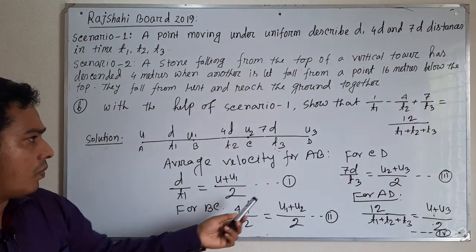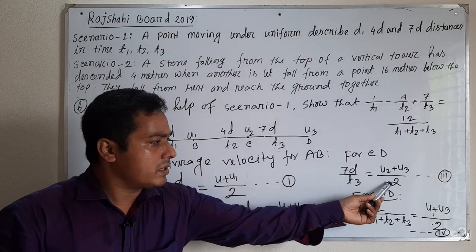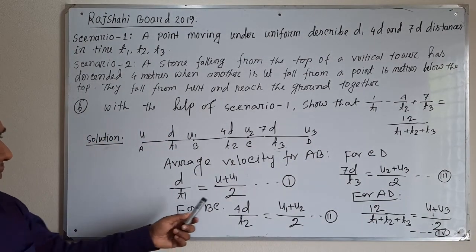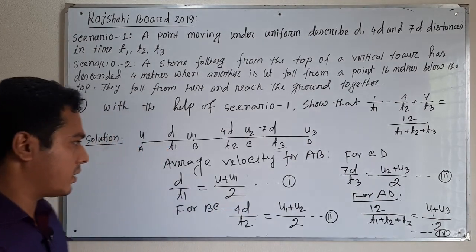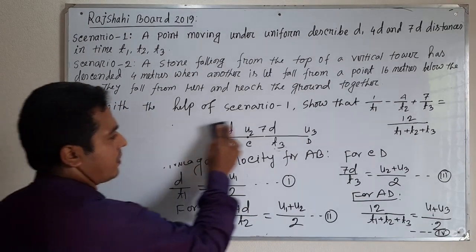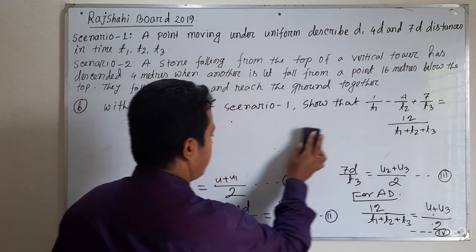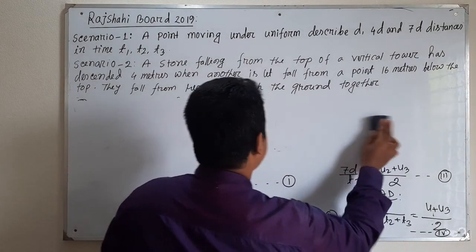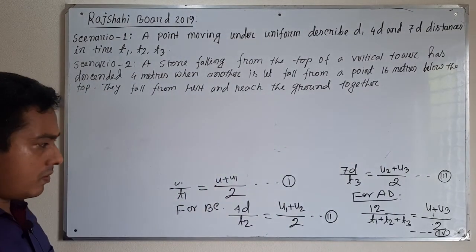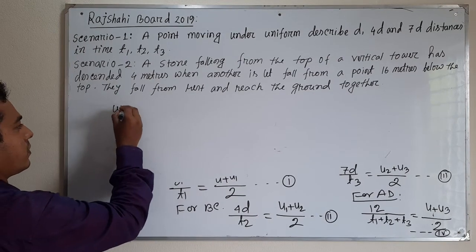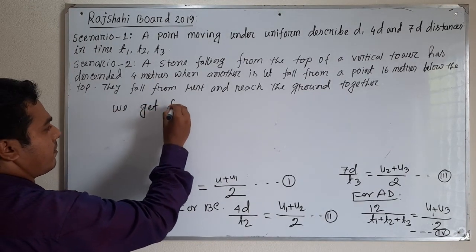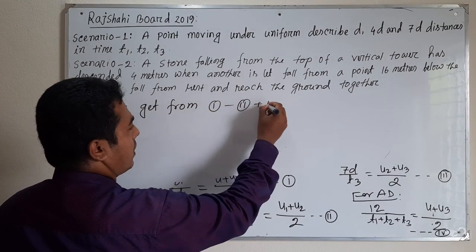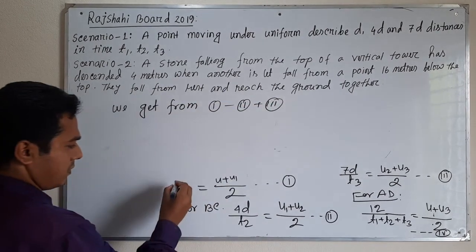That means we will get this from 1 minus 2 plus 3.